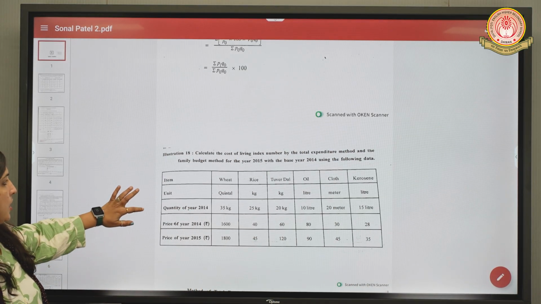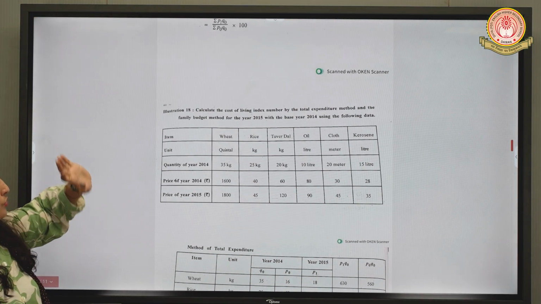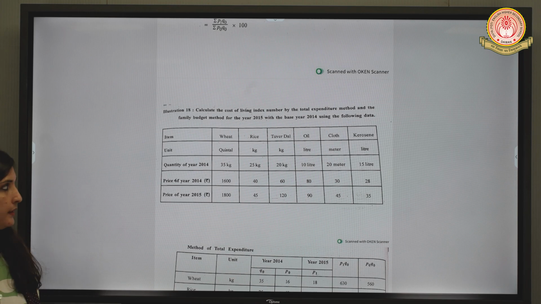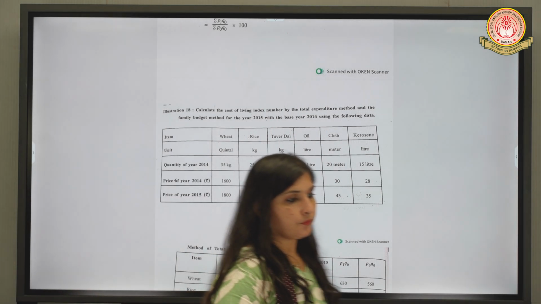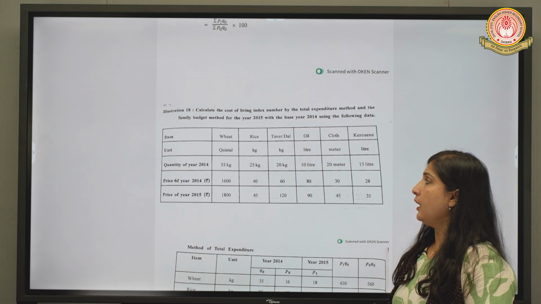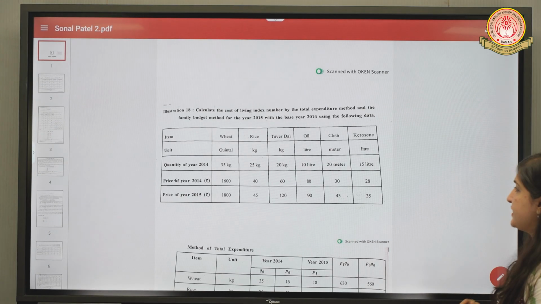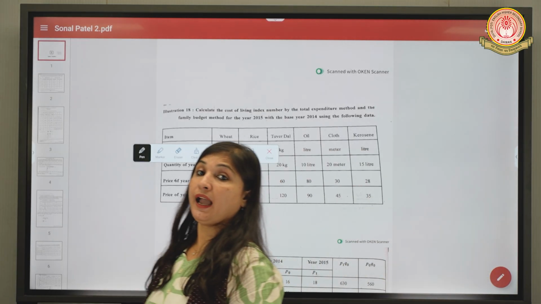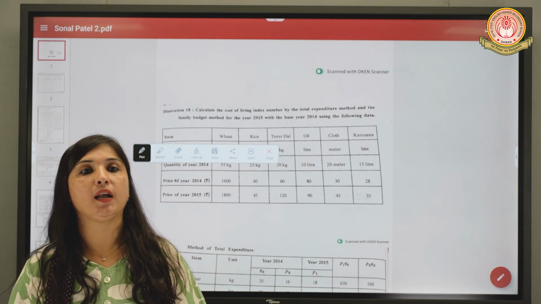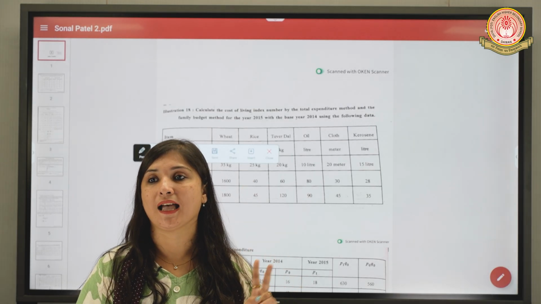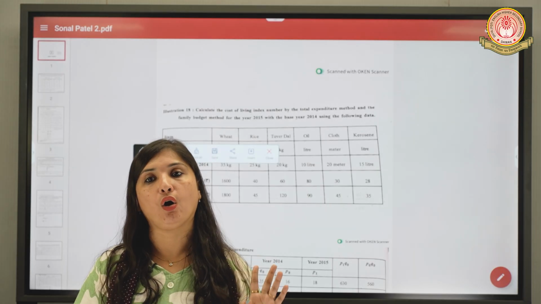Yes. Now you have to find the cost of living index by the total expenditure method and the family budget method for the year 2015. We're taking 2014 as the base year for the following data. Now you know already, whenever we have a separate unit column, we have to check whether the unit is per unit and whether the whole row is having the same unit or not.